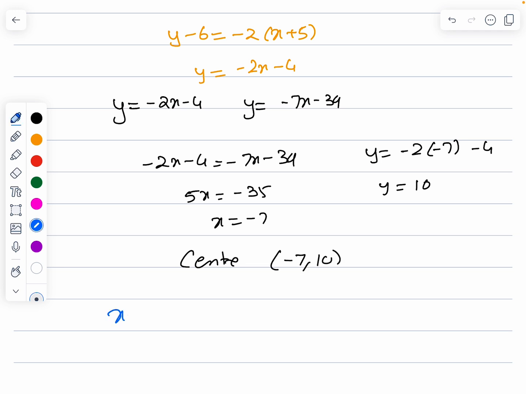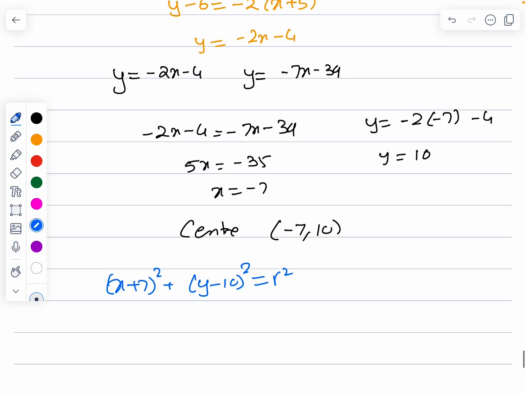Once that is the center, the equation of the circle is (x plus 7) whole square plus (y minus 10) whole square equals r square. The circle passes through A, B, C, D. So I will use A (1, 4), B (3, 10), or D (-13, 2).